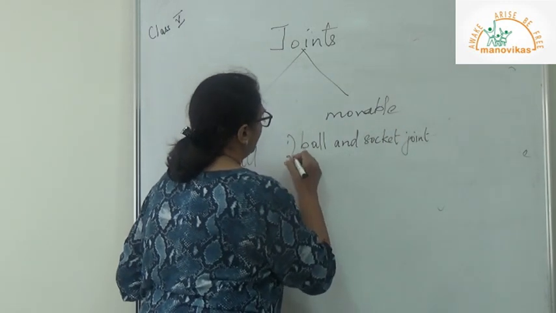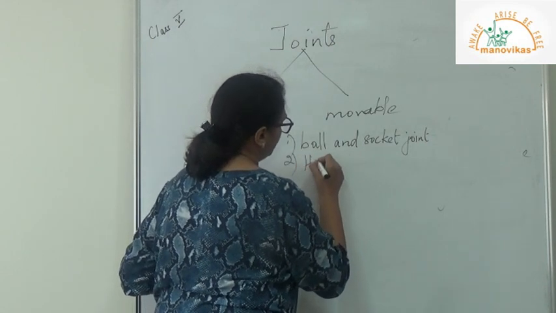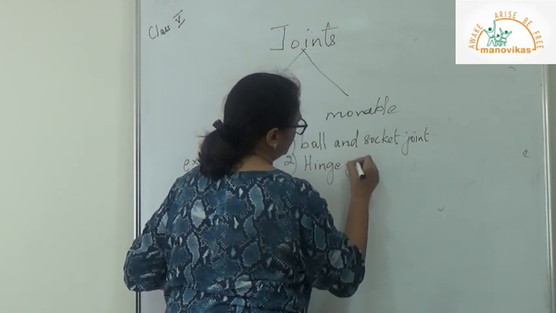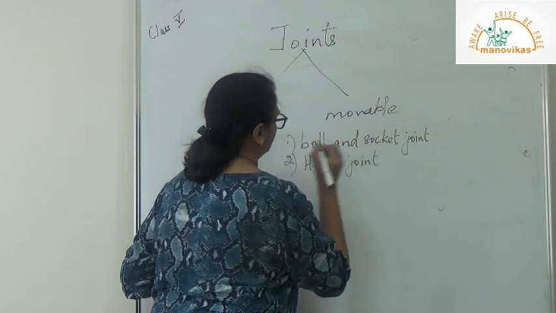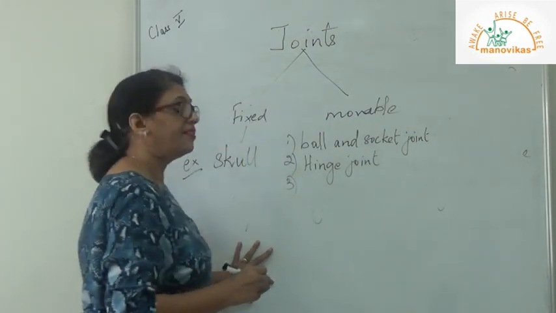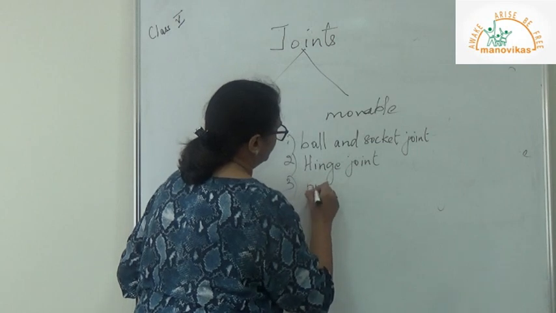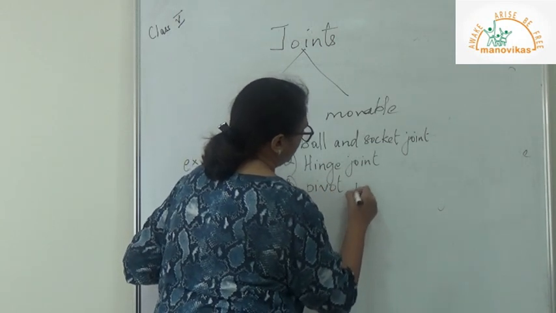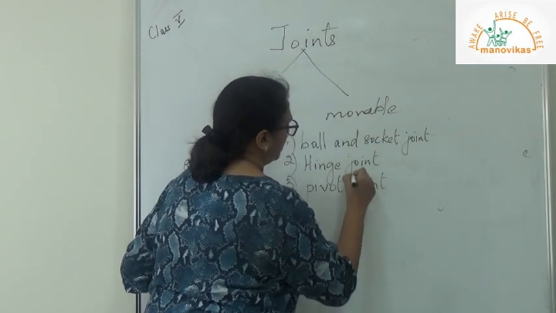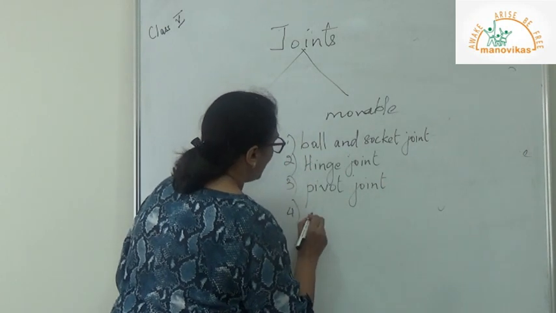Then we have the hinge joint. Then we have the pivot joint. And the gliding joint.